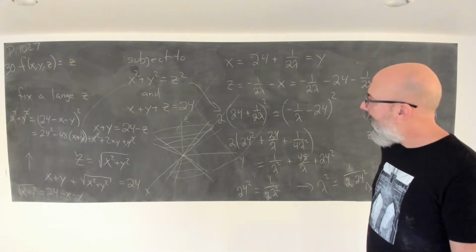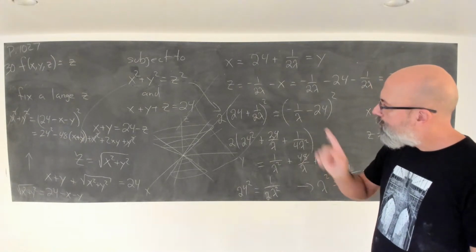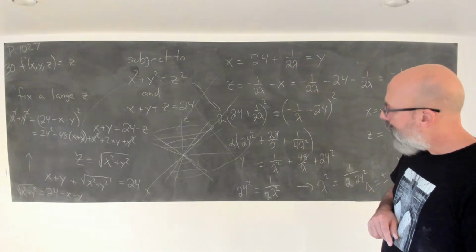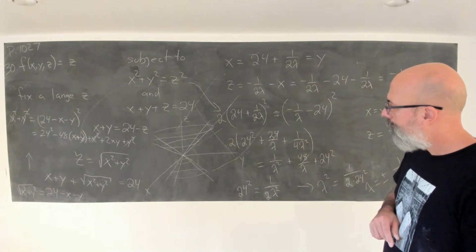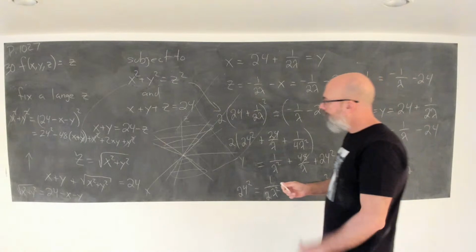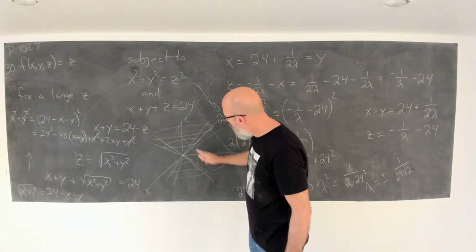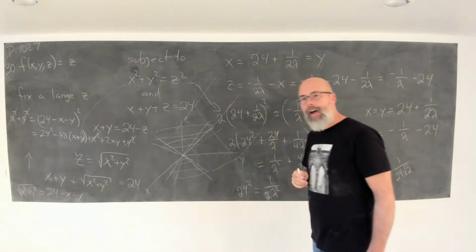Well, I suspect that there's going to be an absolute minimum. Right? Because if you have this cone and you're cutting it with the plane, there's going to be a smallest value of z.